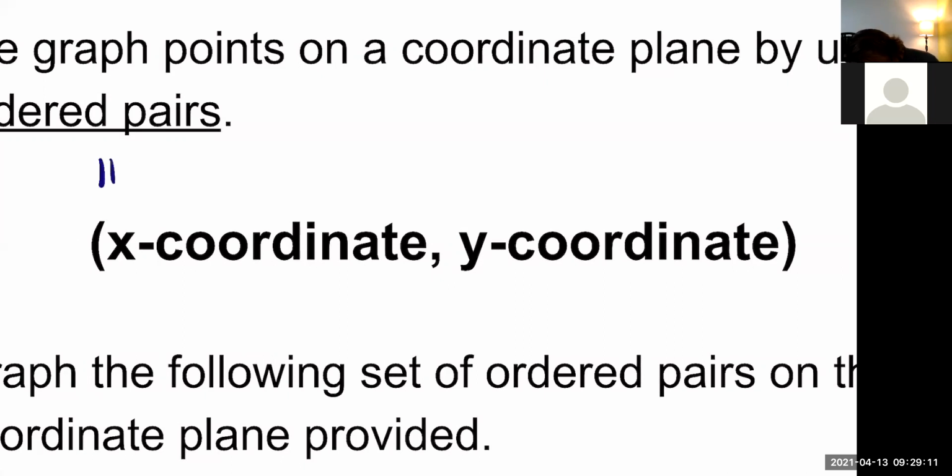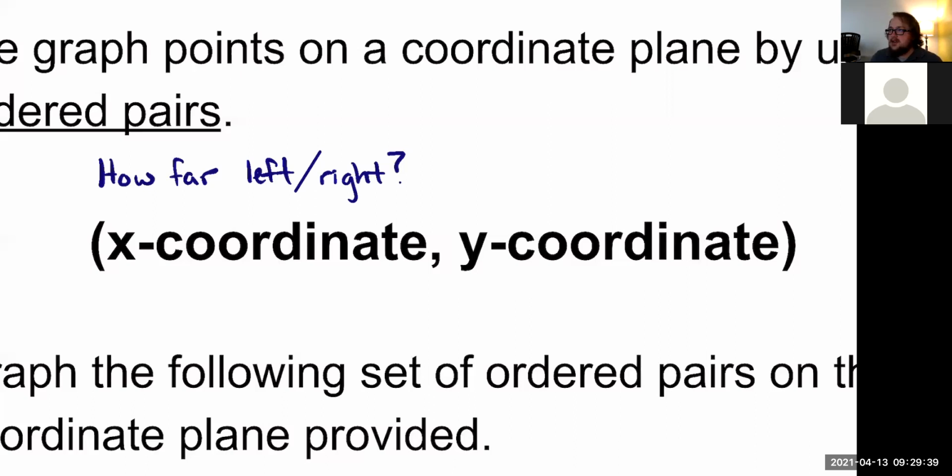How far left or right you're going to travel, and this is with respect to the origin. The origin is always going to be our starting point. So the x coordinate is going to tell me either to go left or right. It's also going to tell me how far.